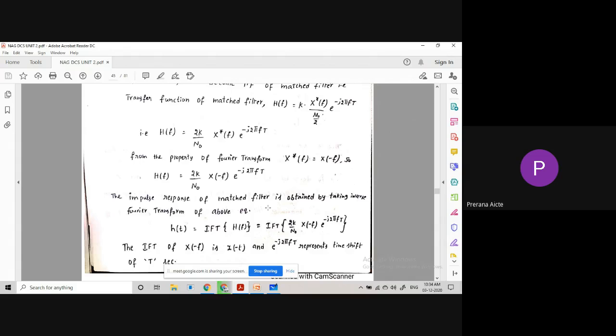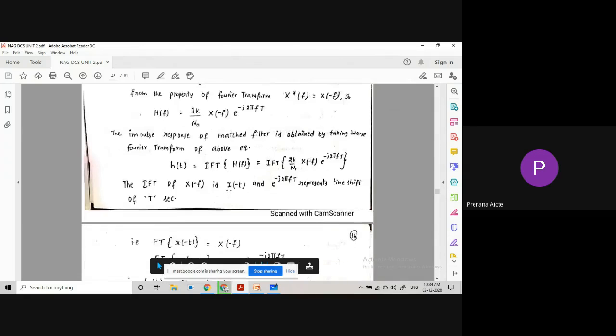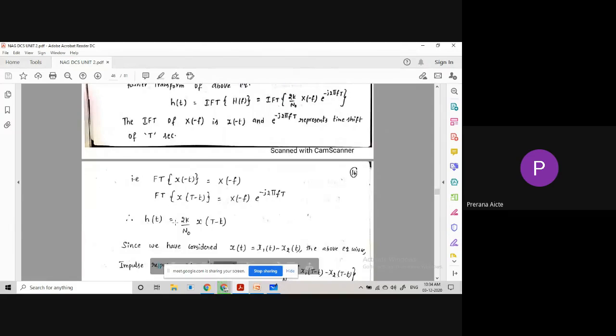Simply by taking the inverse Fourier transform of its transfer function H(f). That is, h(t) equals the inverse Fourier transform of H(f). So finally we get h(t) equals 2k/N0 into x(T - t). Here we are applying the time shifting property.